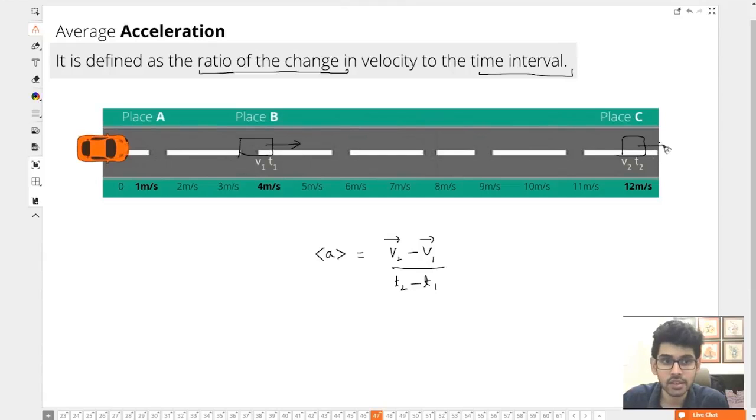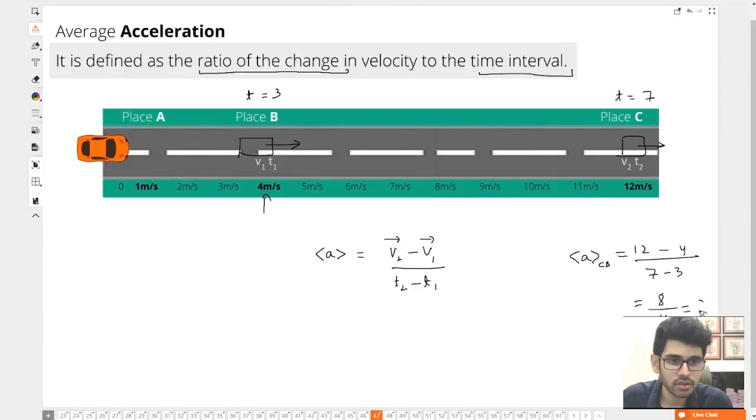Here it was moving with a velocity of 4 from B to C. The final velocity here will be 12 minus 4, upon the time. Let's say here the time was t equals 3, and at t equals 7 it reached here. Just giving some values. So how much time elapsed? 7 minus 3. So this will be your average acceleration, which will be 2. Did everyone follow?